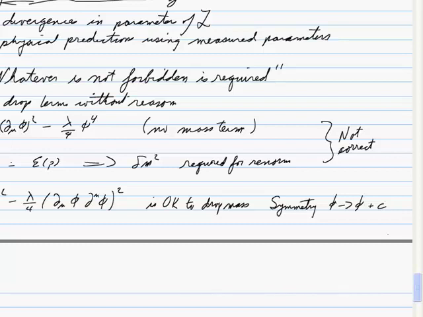The second theory has that symmetry, and an m squared phi squared term would violate that symmetry.